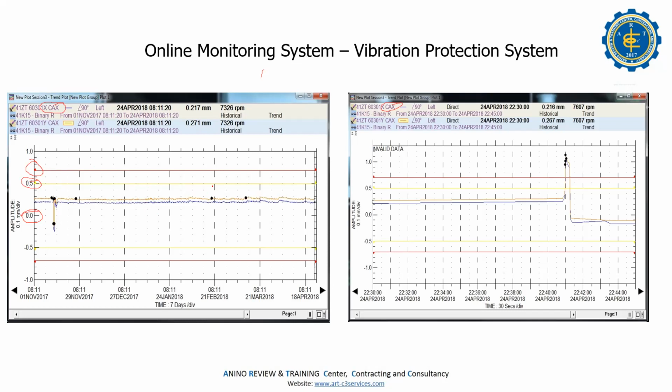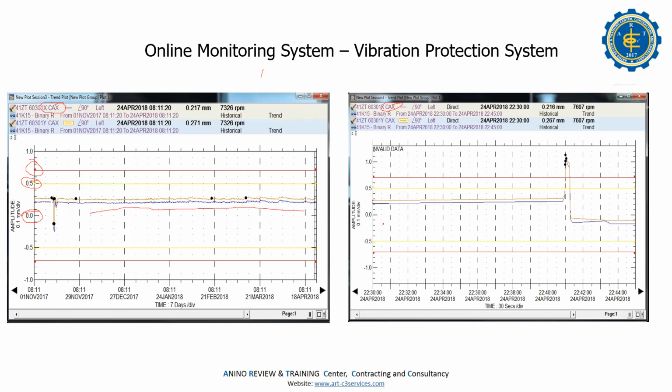If you don't have this online monitoring system, the equipment will be damaged, right? During normal operation, this is the trend.